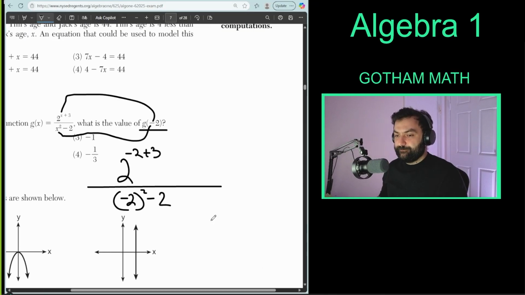What's the answer? Negative 2 plus 3 is just a 1. So it's 2 to the power 1, which is just 2. Over negative 2 squared is 4. Everything could be confirmed by the calculator. 4 minus 2 is 2.